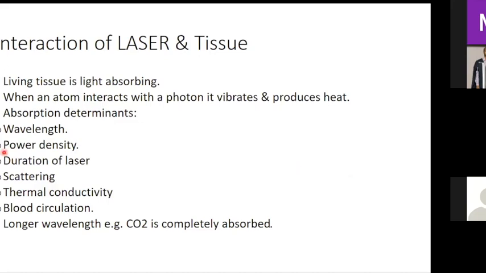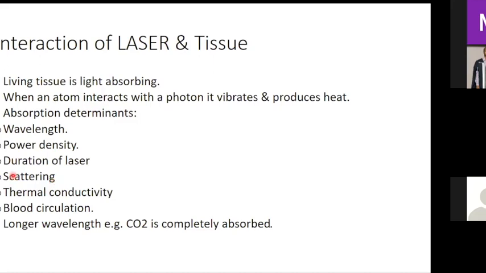It's the wavelength that we already spoke about. The power density, we already spoke about. The duration of the laser, we already spoke about. How much is scattered, because if it's scattered, it won't have a biological effect.